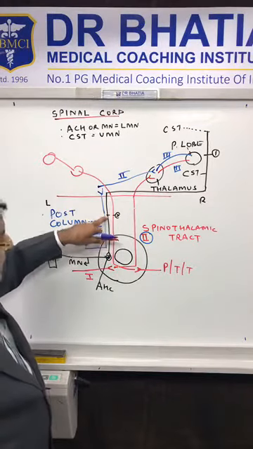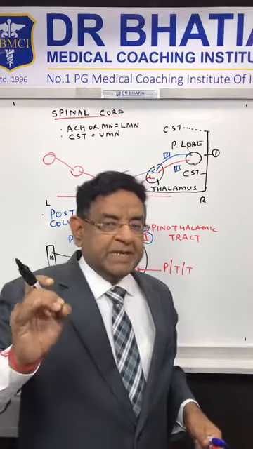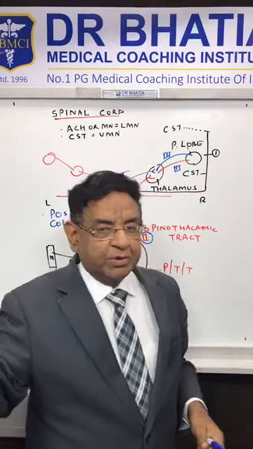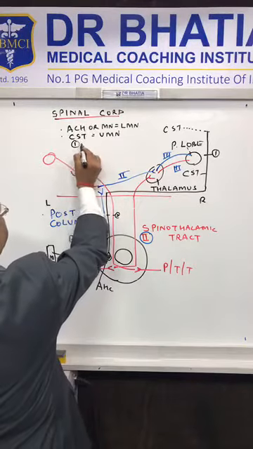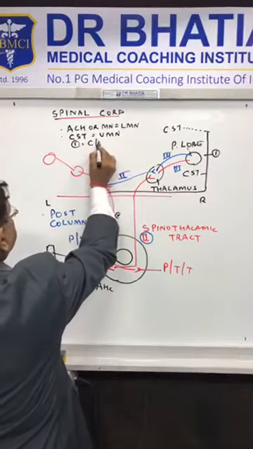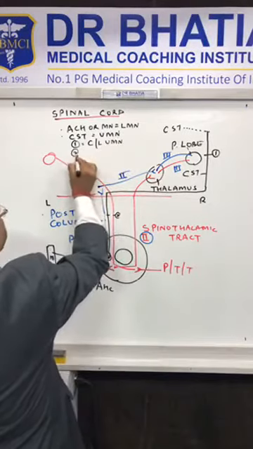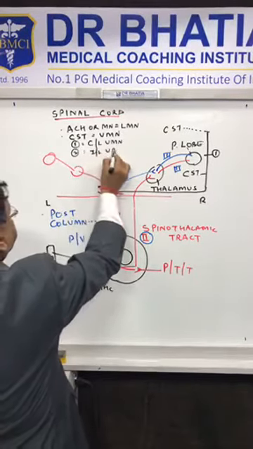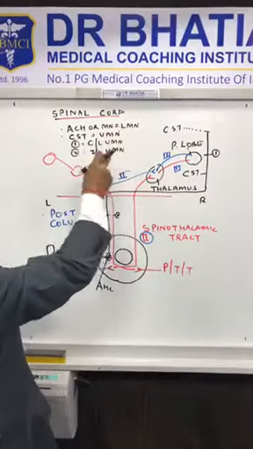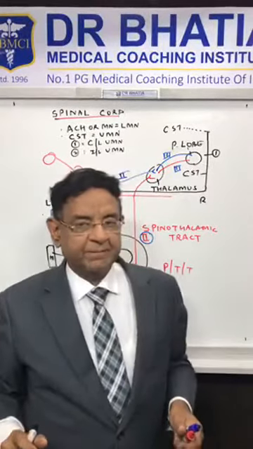But if a lesion occurs at site number 2, there will be ipsilateral upper motor neuron features. This is the basic fundamental that you should remember.